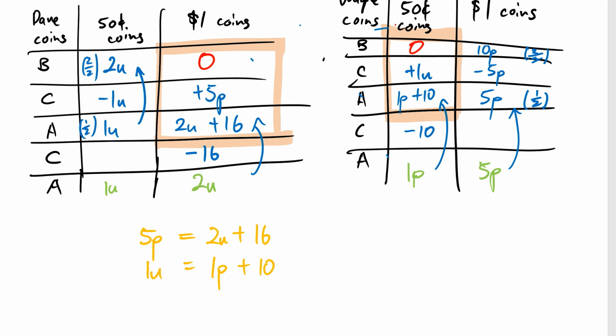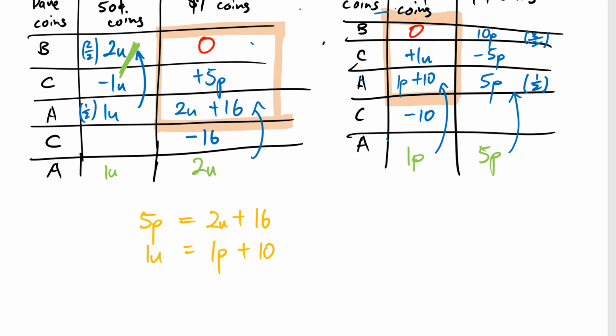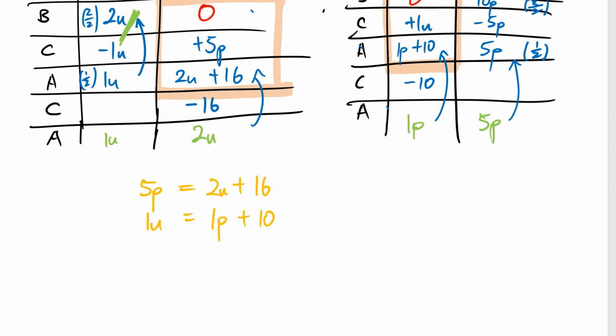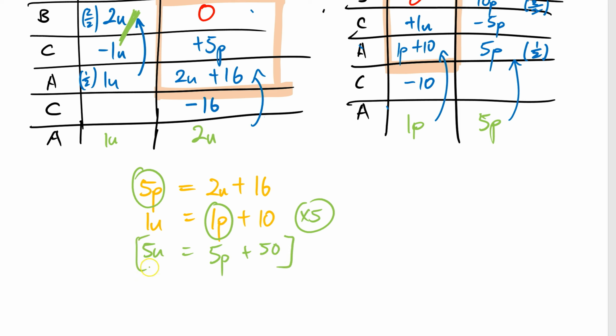So, you want to find Dave at first. Dave at first would be, you want to get how many coins he has first. So you want to find units, we make parts the same. So we multiply this by 5. Then we have 5U equals 5 parts plus 50. Then we draw out these 2 models. Okay.